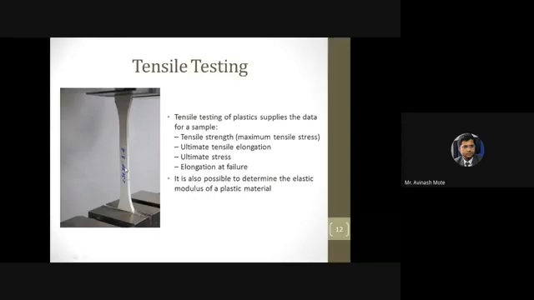Maybe in your diploma also some of your friends have conducted it, and in second year also, or even in SOM you have gone through this tensile test. It is to check the tensile strength, ultimate stress and elongation. I think metallurgy is in this semester also, so in metallurgy the tensile test is there. We'll revise some of the concepts.